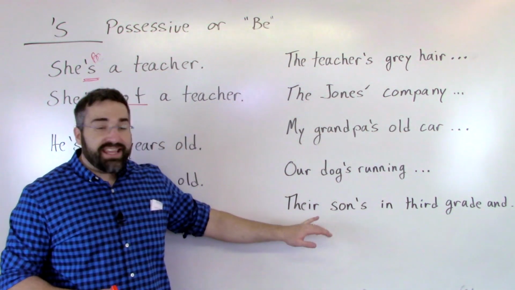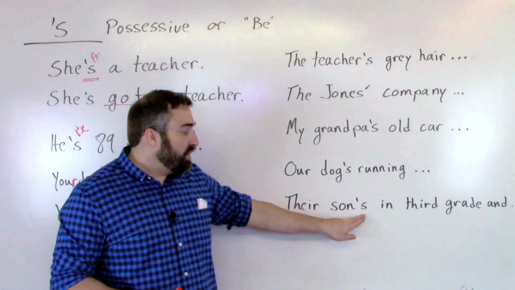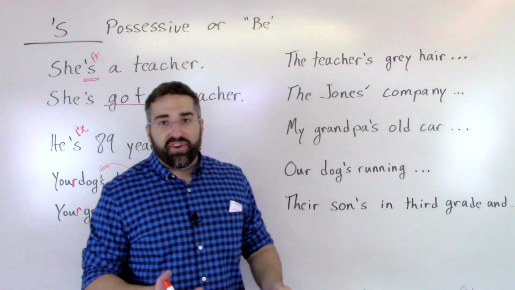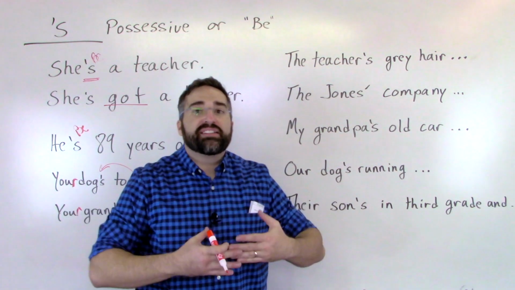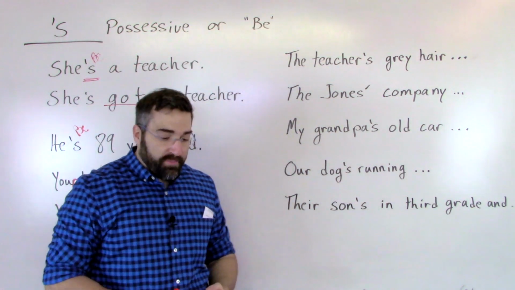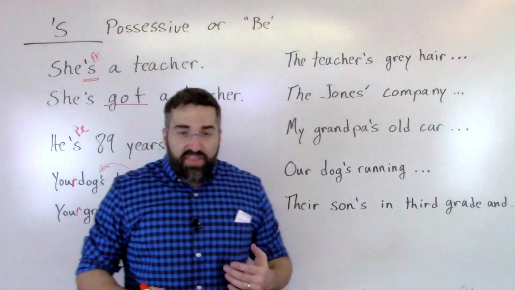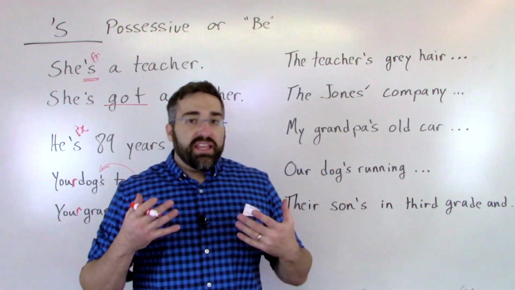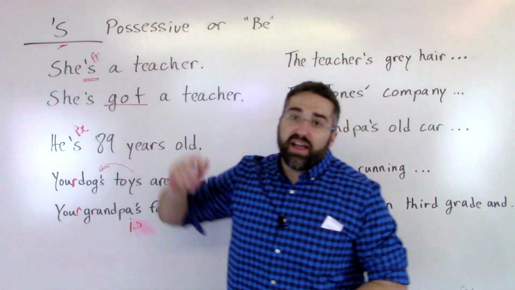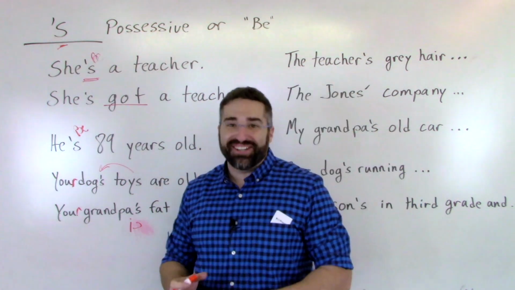So their son is in third grade, right? We're going to say is here because we can't say he has third grade. He doesn't have an entire classroom full of children. He is one of those children. So just remember that there is a difference between is and has when we look at these apostrophe S's.